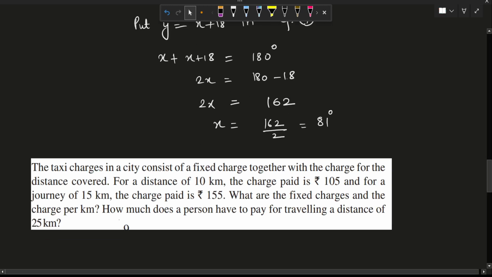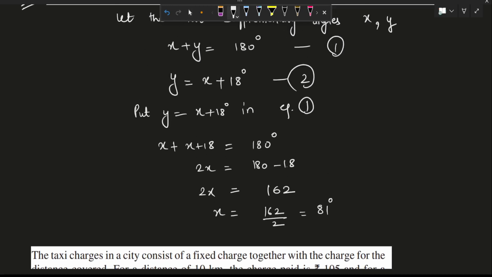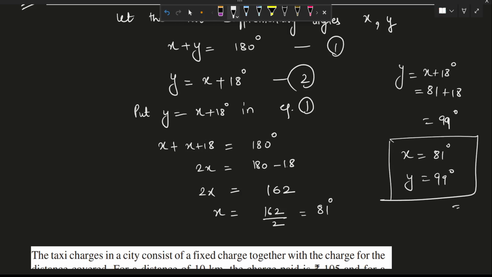When x is 81 degree, you can calculate y. y is either 180 minus that or x plus 18 degrees, which is 81 plus 18, that's 99 degree. So you have the two values. One is 81, another one is 99 degree. I hope this is clear.